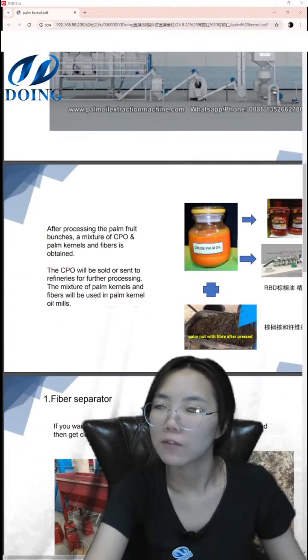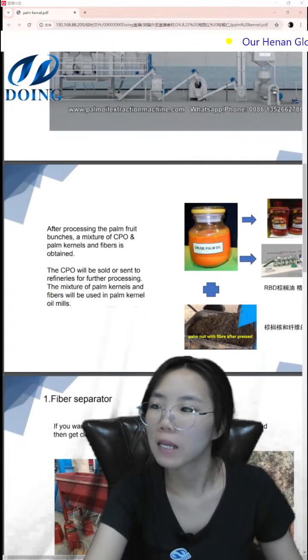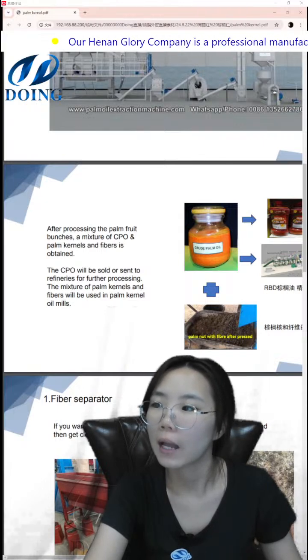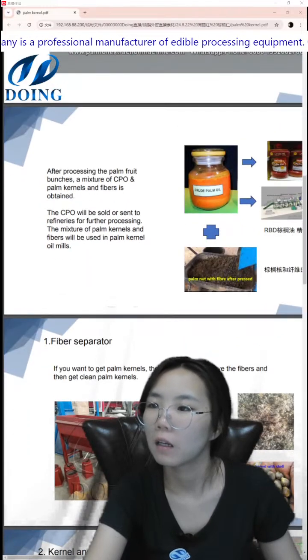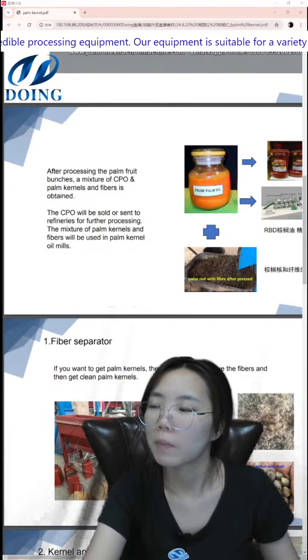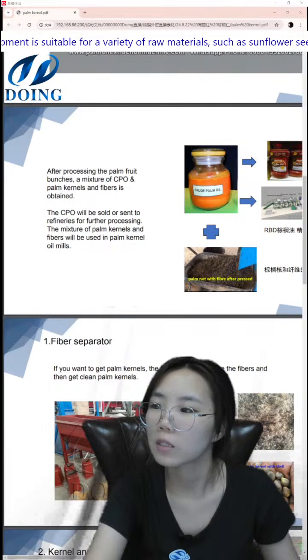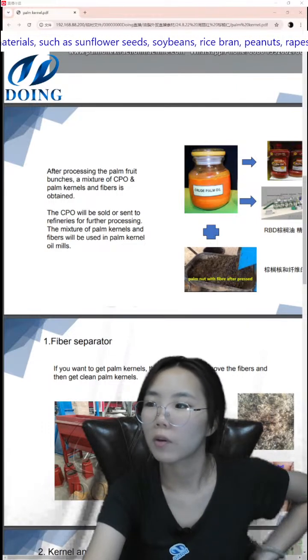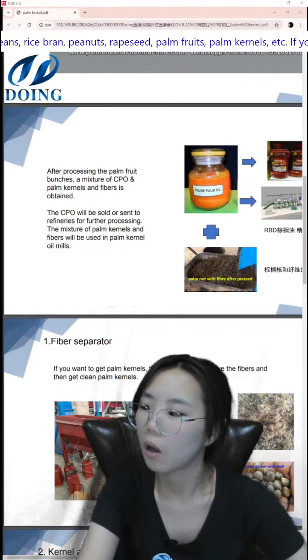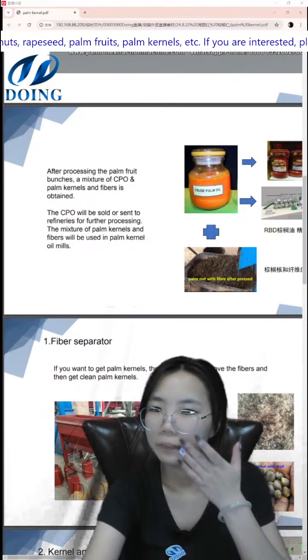After processing the palm fruit bunches, a mixture of CPO, palm kernel and fibers is obtained. The CPO will be sold or sent to the refineries for further processing. The mixture of palm kernel and fiber will be used in the palm kernel oil mills.